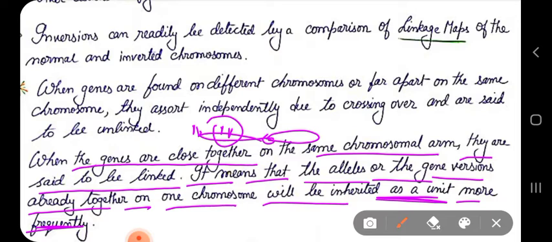That type of genes are said to be linked, whereas unlinked genes are placed far away on the chromosome. There is more chance for them to assort independently. They will segregate independently due to crossing over.